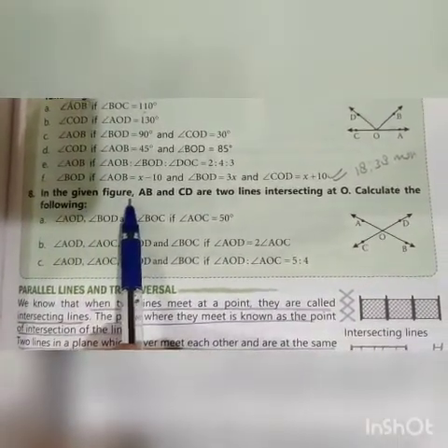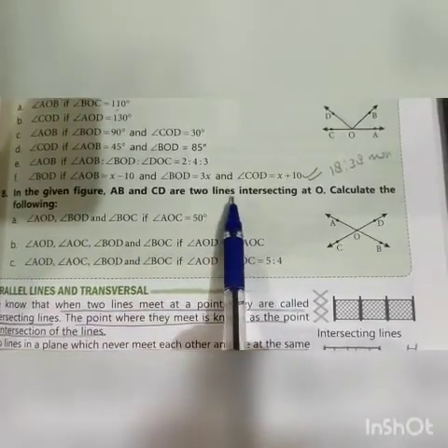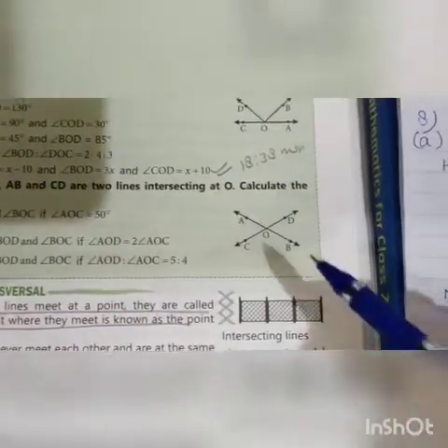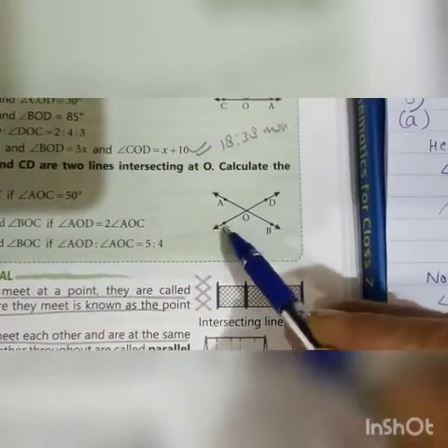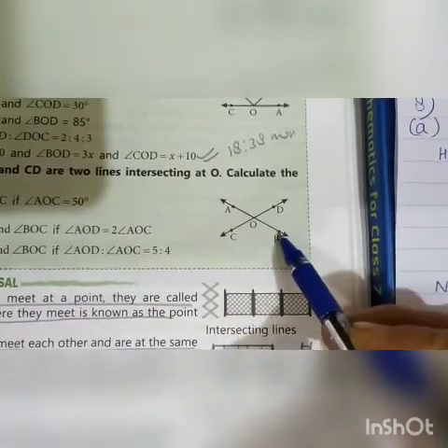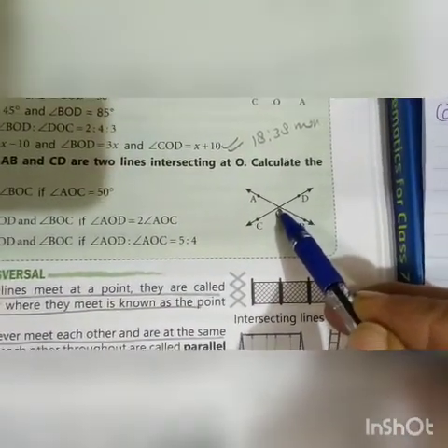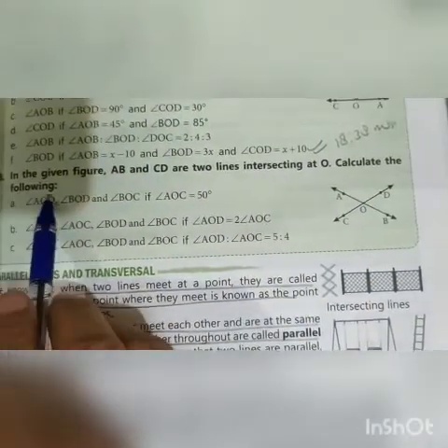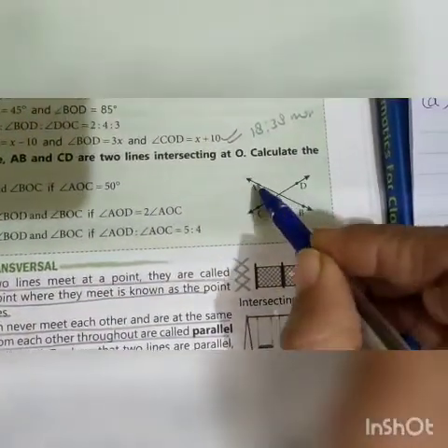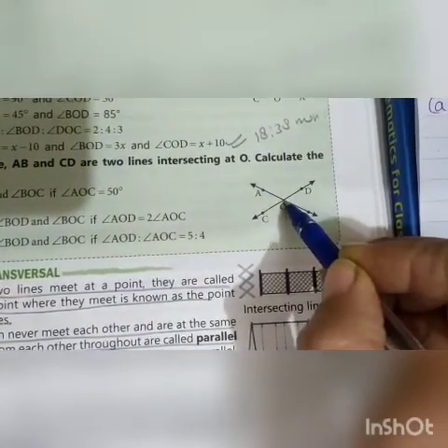In the given figure, AB and CD are two lines intersecting at O. These are two lines, AB and CD. These two lines are intersecting each other at point O. Calculate the following. Angle AOD. See, which angle is AOD?